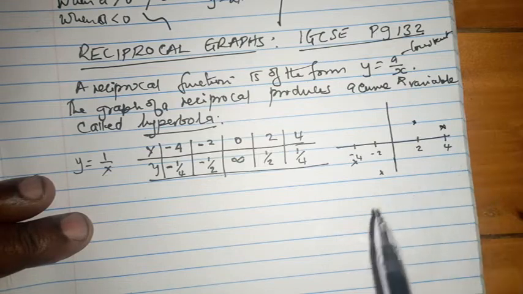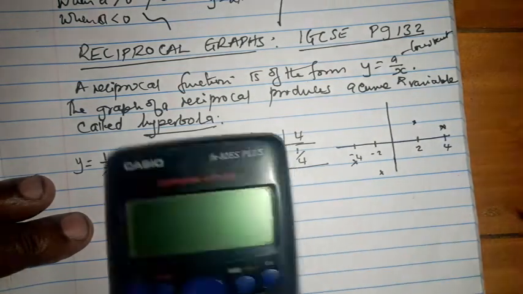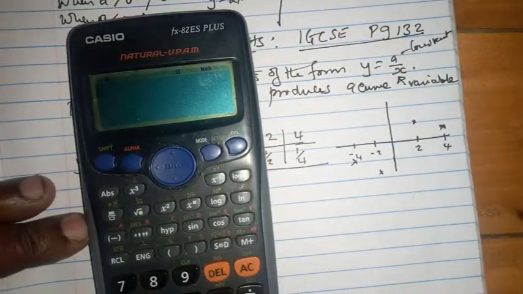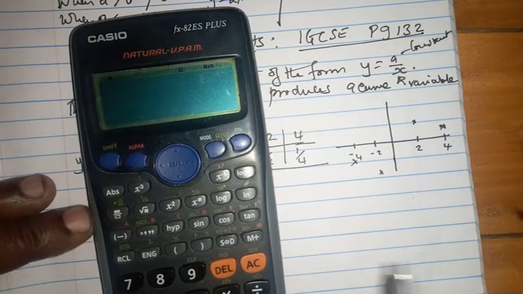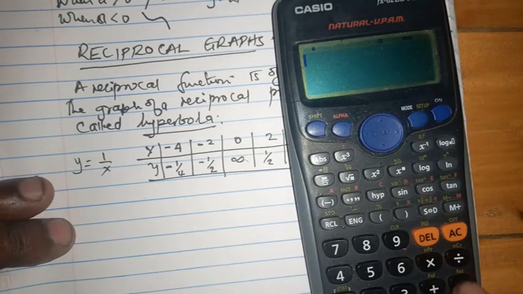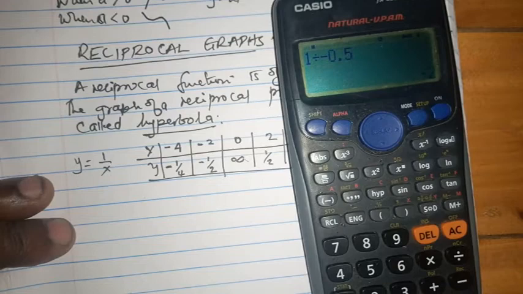And let's talk about when x is very close to 0. For example, when x is minus 0.5, then we have 1 divided by minus 0.5. What is this?